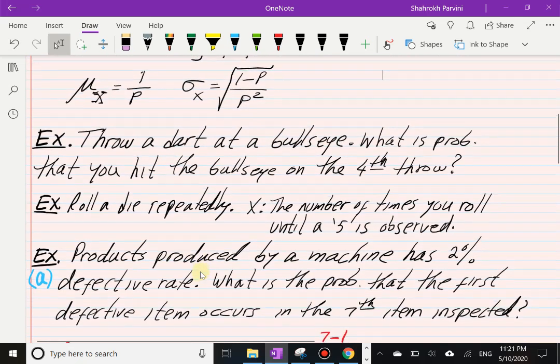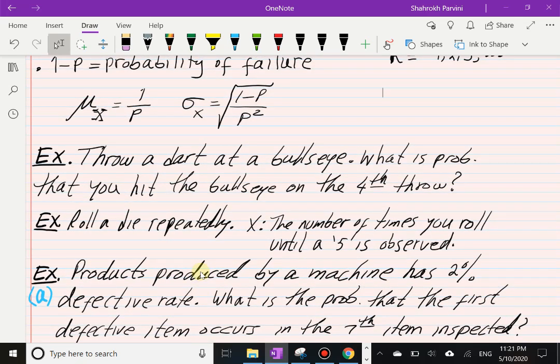And for this one, we now look at a numerical example, and we will pursue it by hand using the probability distribution, and then we will go to Minitab, and I'll show you how to answer this question in Minitab. Okay, so here I made up a question. Suppose products produced by a machine have a 2% defective rate.